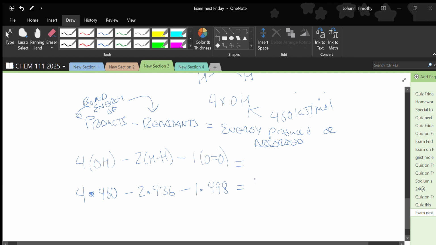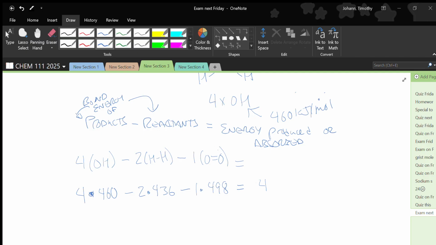476. Is it a negative 476? I got 470. Is it negative? No, it's got to be negative. 460 times 4 is not a lot. Did I make a mistake in terms of something I was supposed to put in here? That was all the bonds, right?